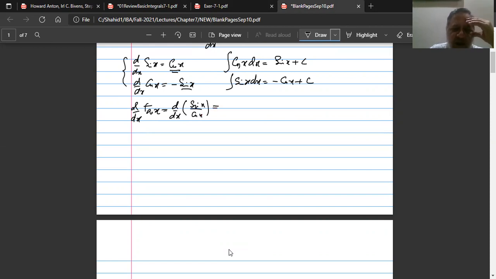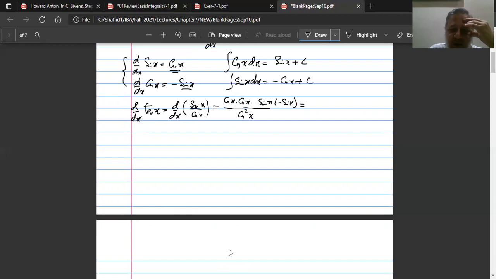When we apply that, we have denominator squared, denominator as it is, derivative of the numerator cos x, minus numerator as it is, and derivative of the denominator, minus sine x.